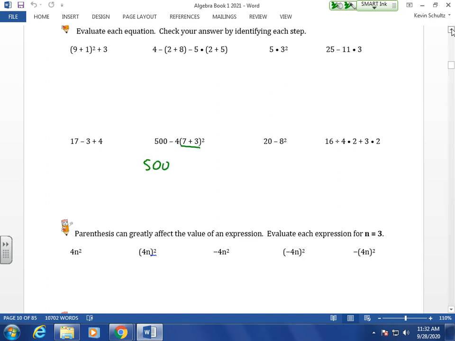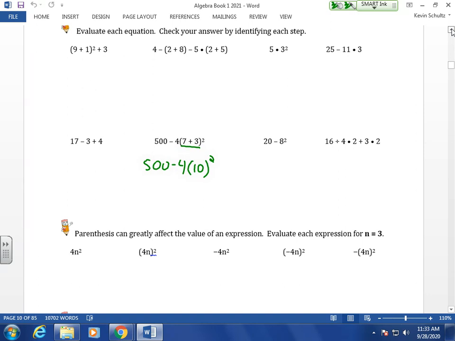And then we got 500 minus 4. In my parentheses, I now have 10, and that's being squared. That exponent outside of the parentheses means that you've got to do what's in there first, okay? And then you're squaring that value. Bridget? Oh, I was gonna say the answer or what comes next? Let's work it step by step. What would you do next here?